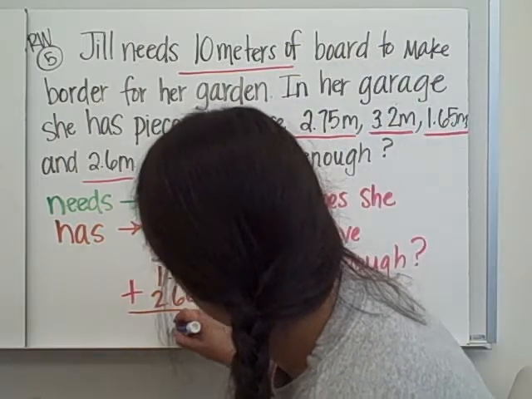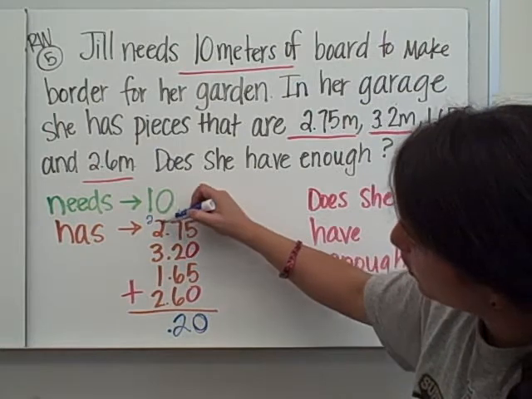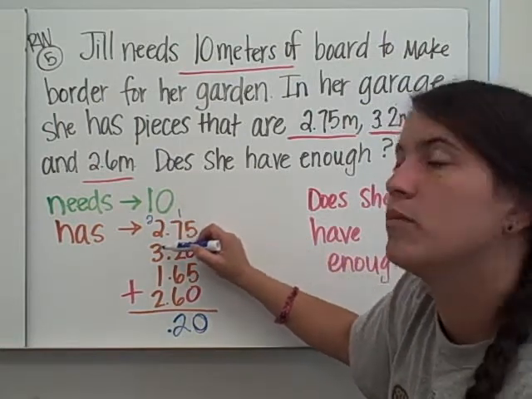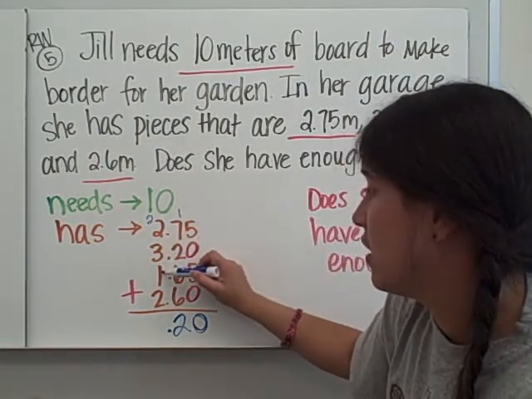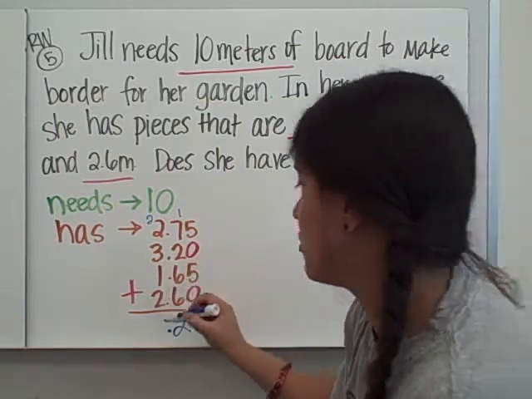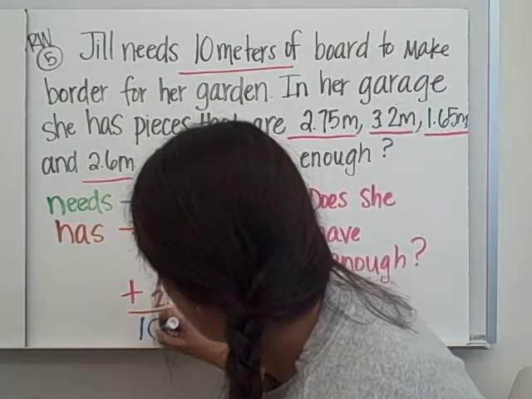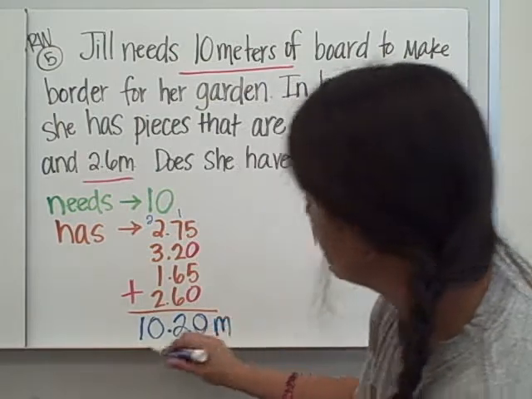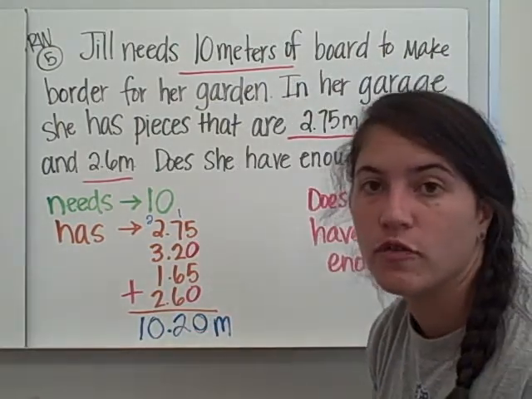Bring down your decimal. 2 plus 2 is 4, plus 3 is 7, plus 1 is 8, plus 2 is 10. So right now, she has 10.2 meters of board.